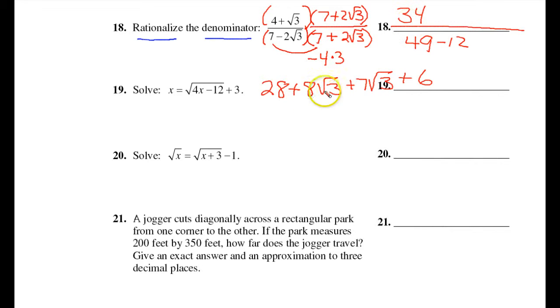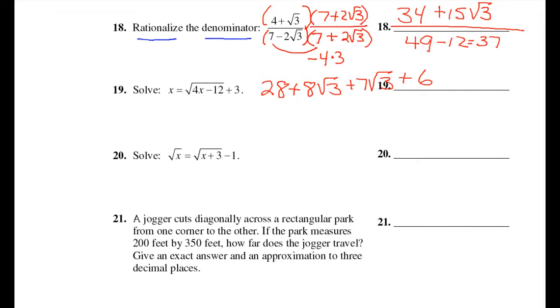And this is going to be plus 15, the square root of 3. And when we do our subtraction here, this is going to become a 37.